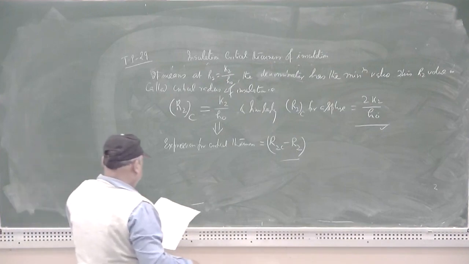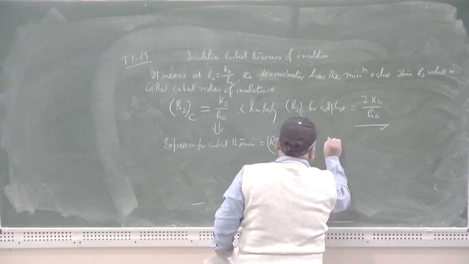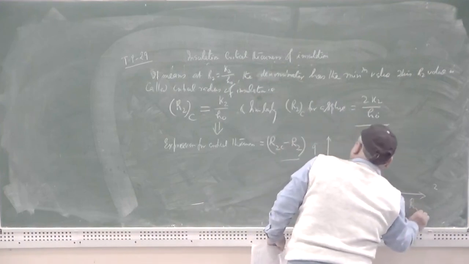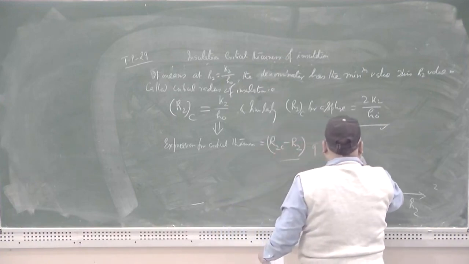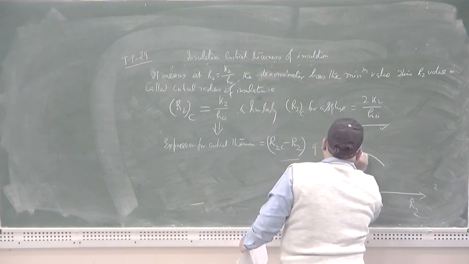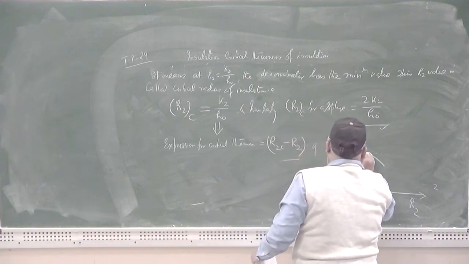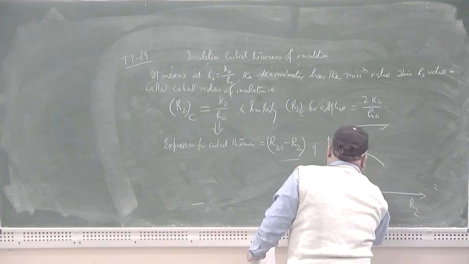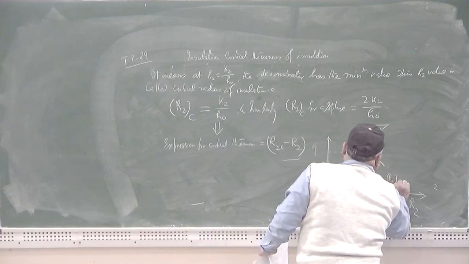Now, if you plot a diagram between the Q value and the R2 value, you will find a curve like this. This means this is the maxima at this point, and this point will correspond to R2 equal to R2 critical.